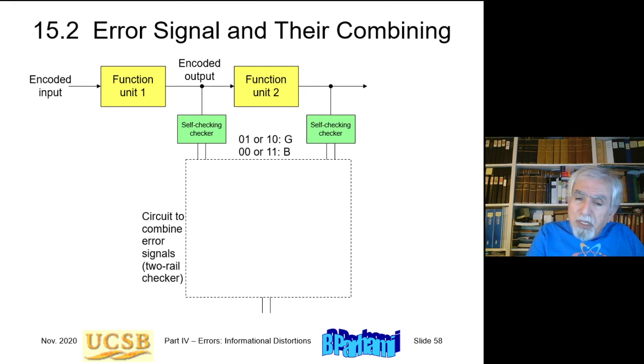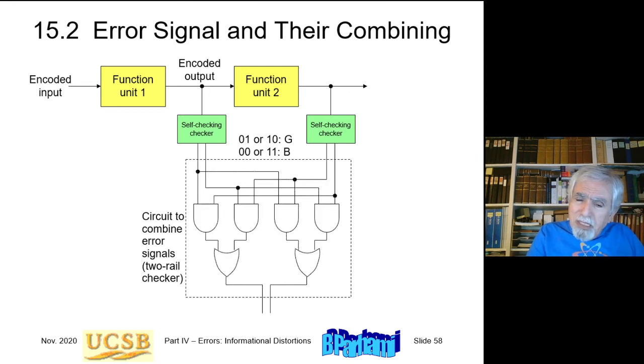And this particular example circuit that I let you study on your own combines those pair of check signals and generates a single check signal at the output. This is basically logical OR of those two. If this one signals an error or this one signals an error, then this one should signal an error.